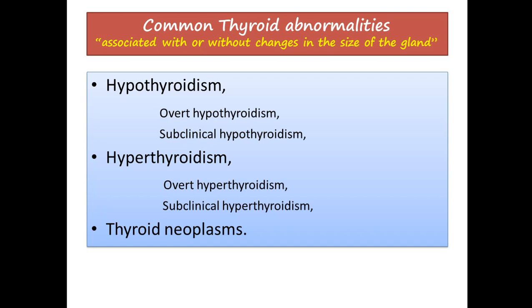Hyperthyroidism is the overactive thyroid gland, or by any reason the thyroid gland produces excess thyroid hormones, and again it is divided into full-fledged overt hyperthyroidism and subclinical hyperthyroidism, in which the TSH is below the defined range but the thyroid hormone level is normal.